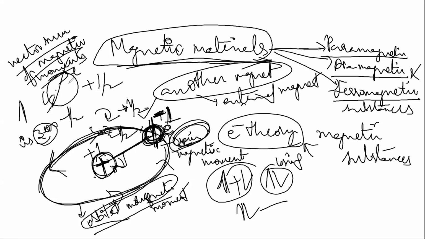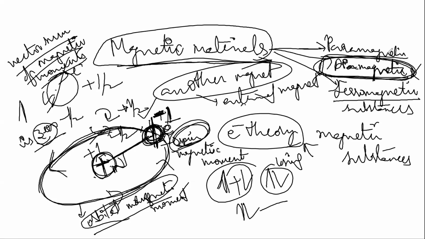When the vector sum of magnetic moments is 0, then what is the type of material? We can say that the type of material is diamagnetic material. That is called diamagnetic material. This is the major property of diamagnetic material. What is that?